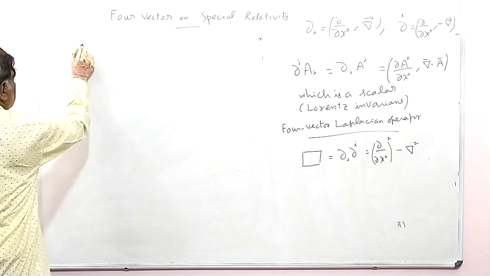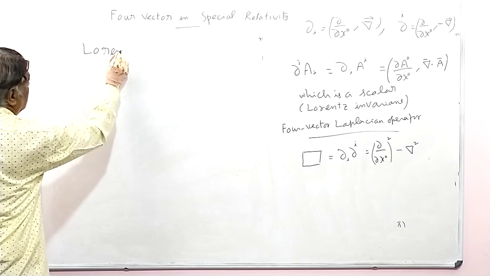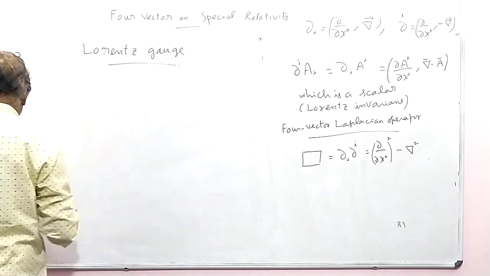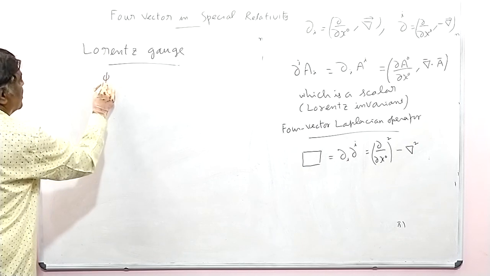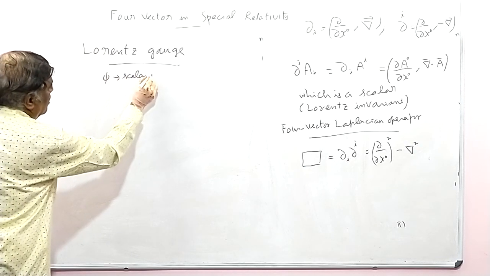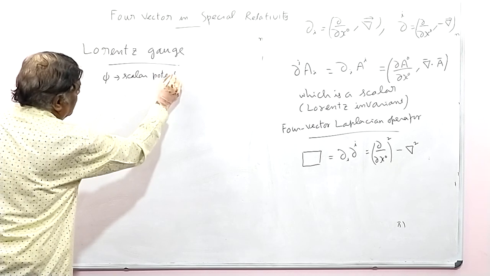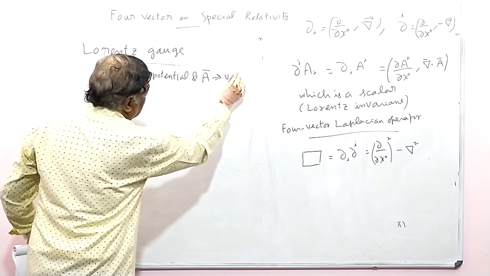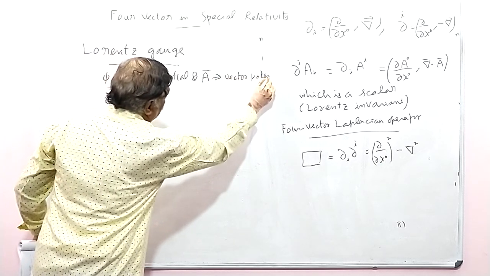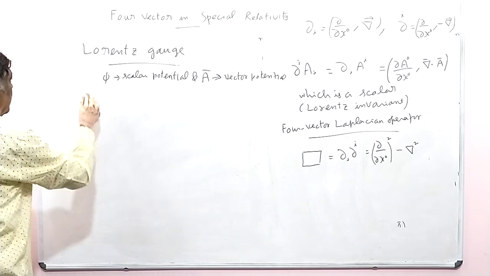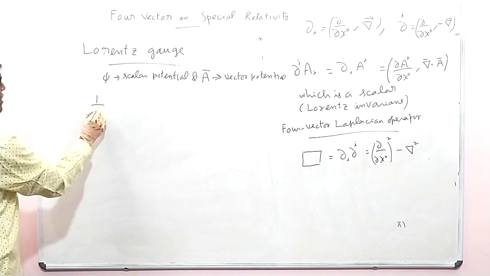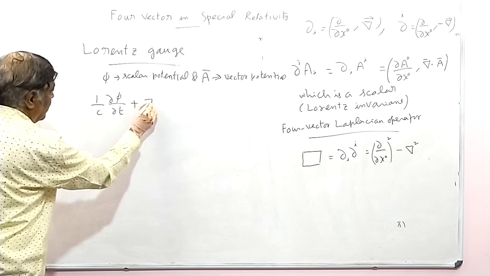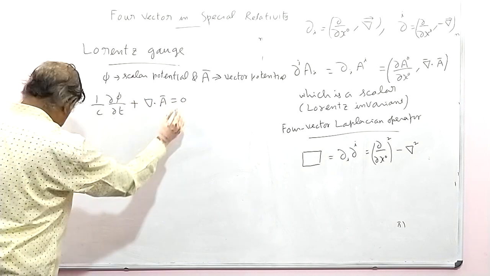Then the Lorentz gauge. Now, phi is a scalar potential, and A is a vector potential. Then the Lorentz gauge is expressed by 1 by c partial d phi by dt plus divergence of A equal to 0.